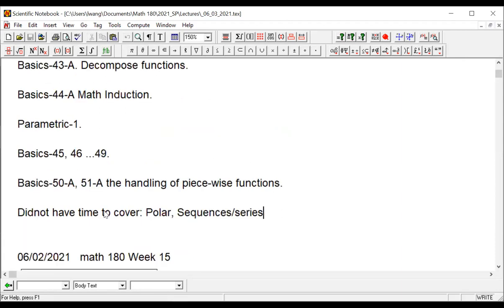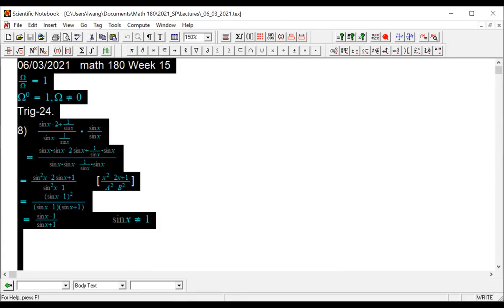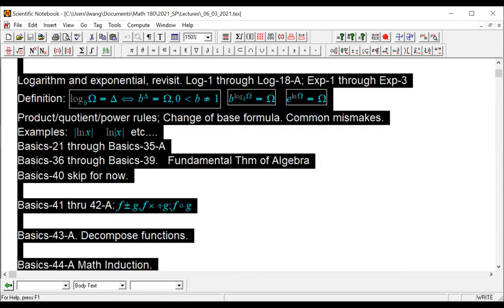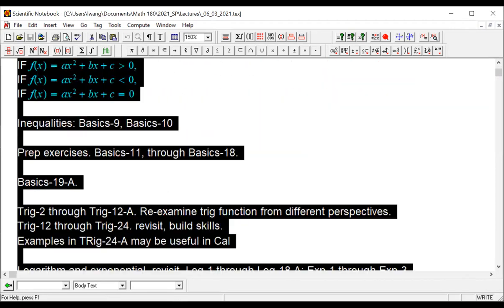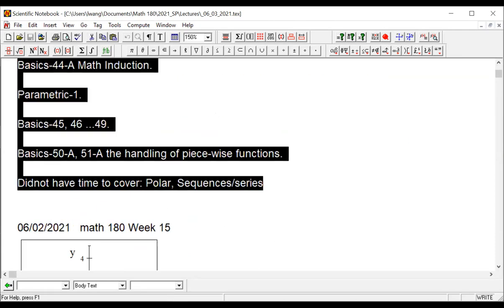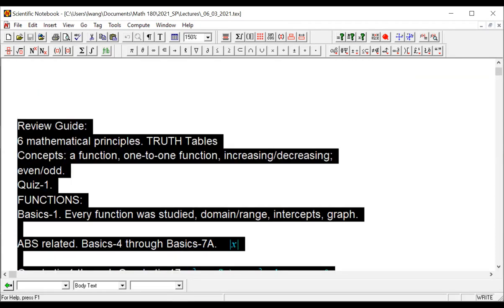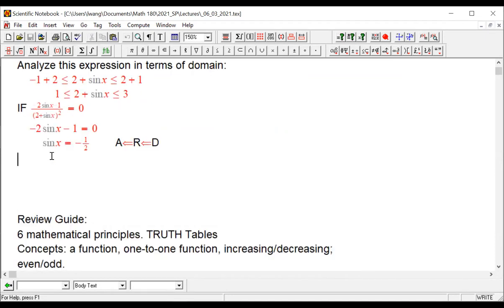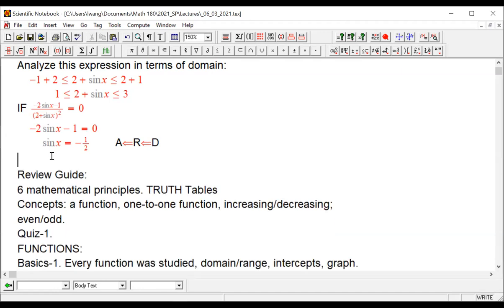There's much we didn't get to cover, but we have covered the majority of the material that you would need to move on and be successful. Okay, so I'm going to bring up this review guide that we have.